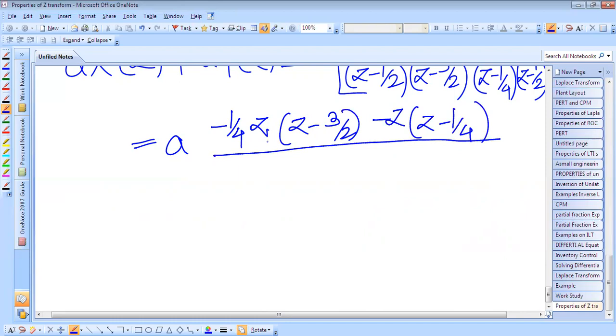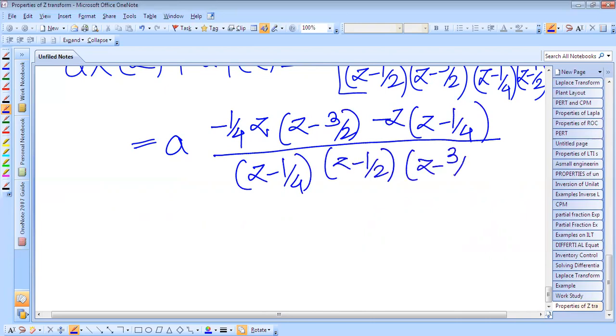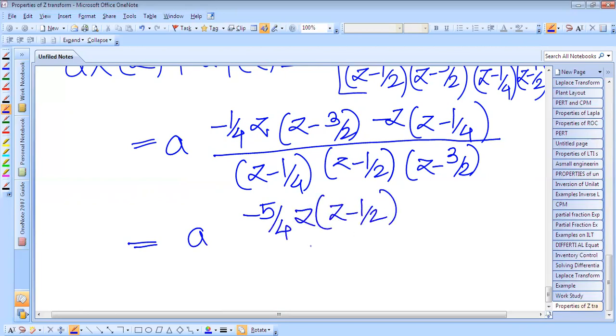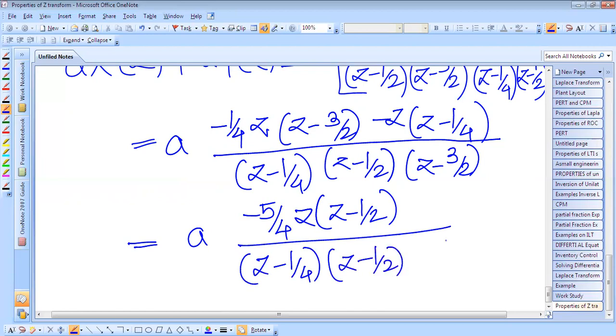This is after simplification, so z minus 1/4, z minus half, and z minus 3/2. And again, if you solve this further, we will get a into minus 5/4 z into z minus half, z minus 1/4, z minus half, z minus 3/2. Okay, so the 0 is at z equal to half.